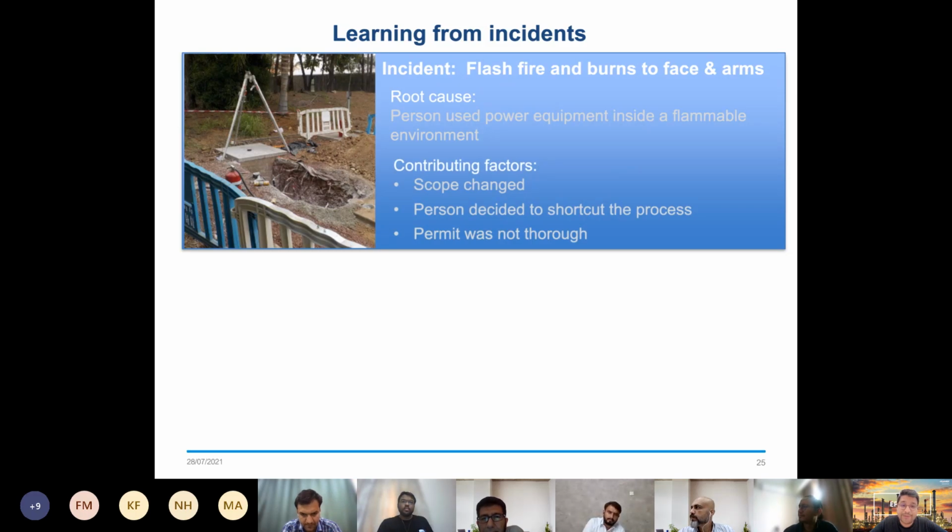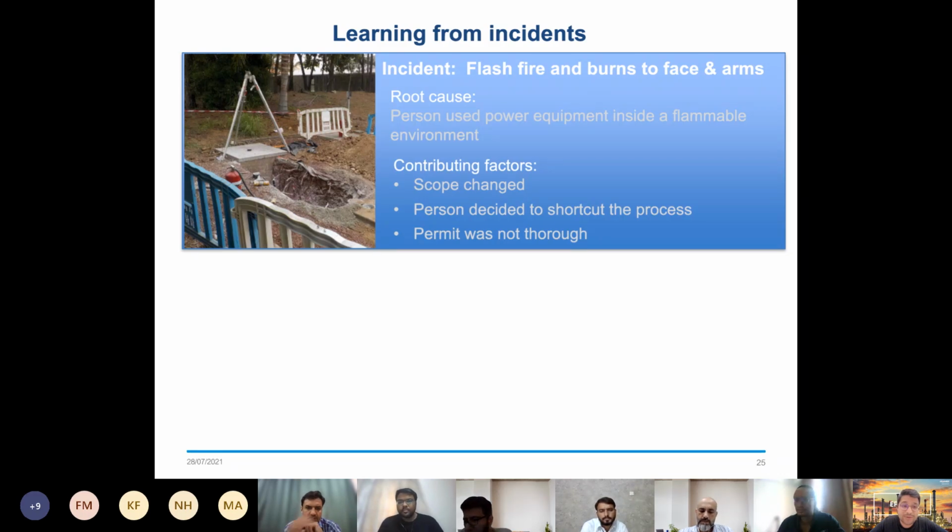And the contributing factors could be the scope change also, right? The person used power equipment inside the flammable environment. Maybe in the method statement they mentioned that they will do manual digging, but when you go to site, you're using some powered equipment, hacking, things like that. Or there could be a change of the activity itself due to various reasons, where people decided to shortcut the process.